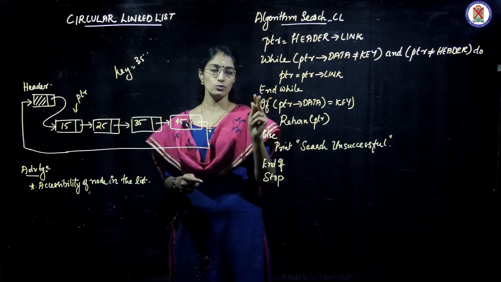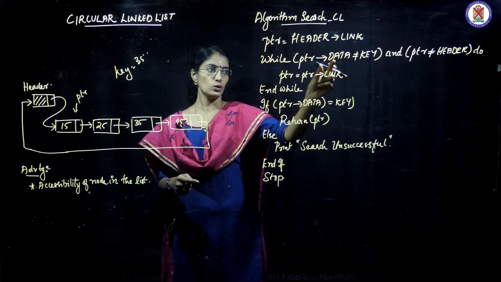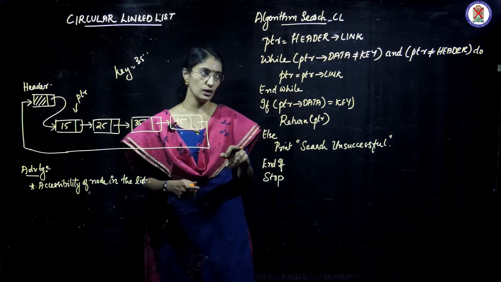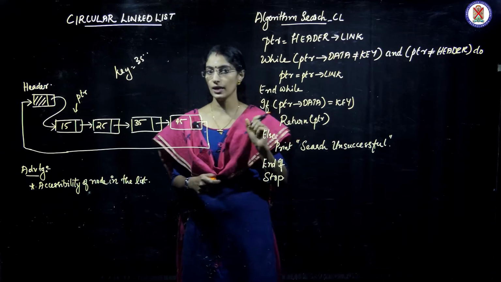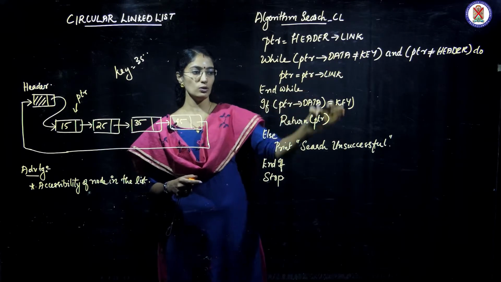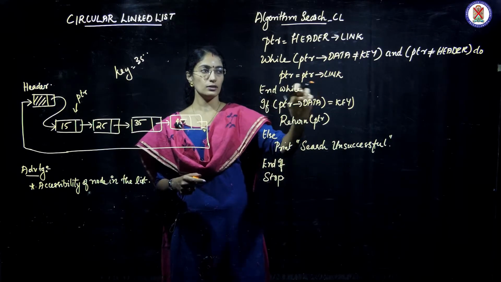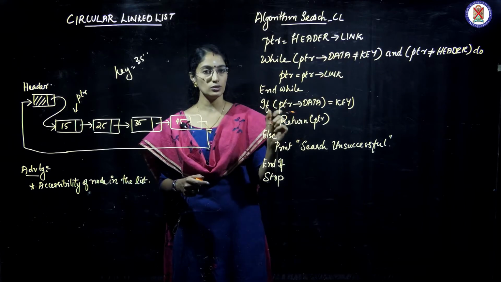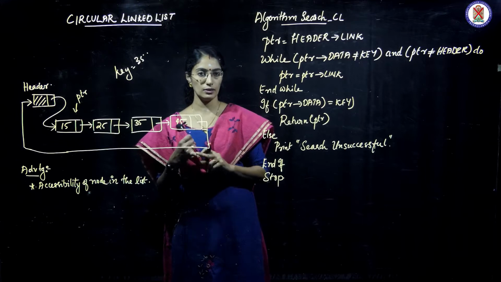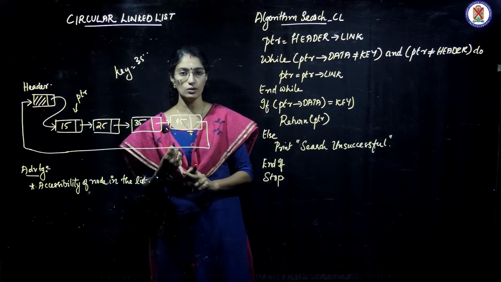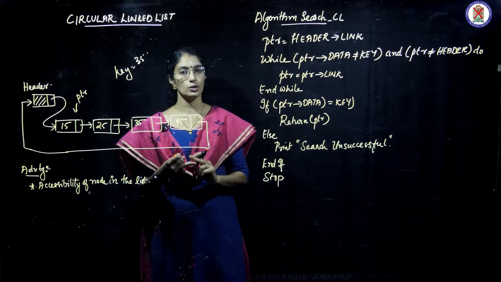The while condition has two conditions. One, the data part should not be equal to the key value, and then also ptr should not be equal to the header value. This while loop works as long as the conditions are true. So the data part of the node currently we are processing should not be the key value, and moreover the node should not be the header.